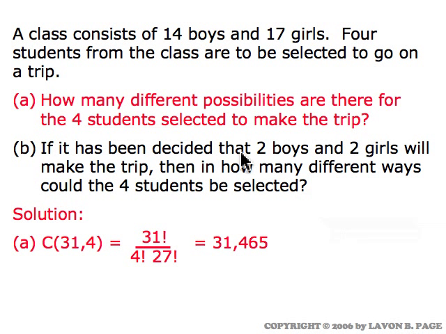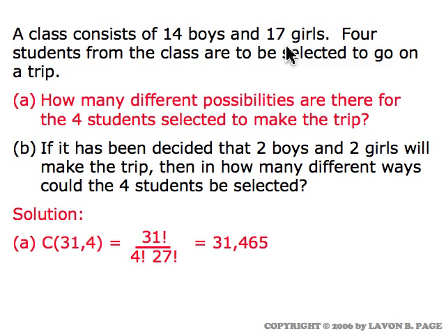For the first version of the question, how many different possibilities are there for the 4 students selected to make the trip? In this instance, we're selecting from how many people? We have 14 boys and 17 girls, so that's 31 students altogether, and our only task is to select which 4 of them go on the trip.